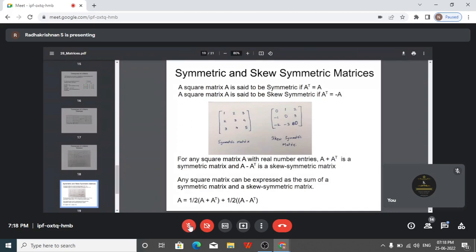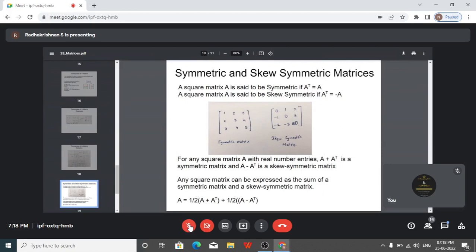Because we saw that scalars have the associative property, and the half A transpose and minus half A transpose cancel out, and it will be simply A. So this way we can transform any matrix to a sum of symmetric and skew symmetric matrices.